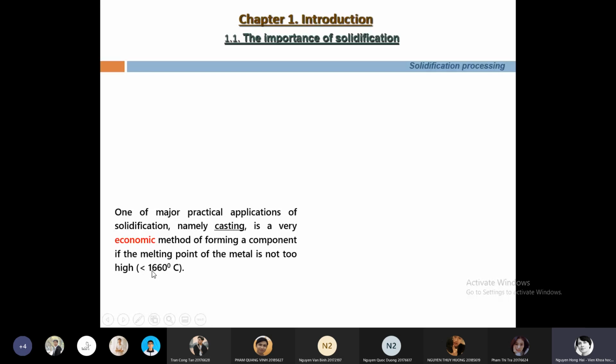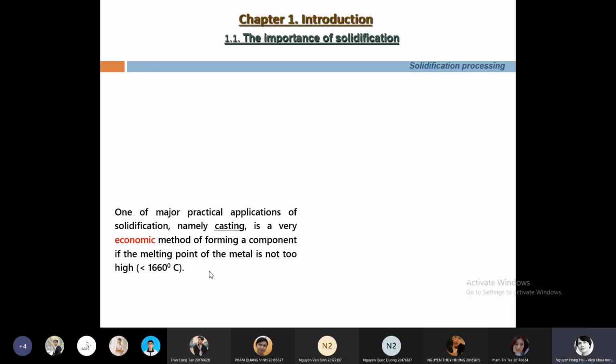Then on 1006 and 360 degrees Celsius, is maybe steel. If you make something from steel, cast iron, copper, bronze, aluminum, and so on, the solidification process is a very economic way to do this. Why?